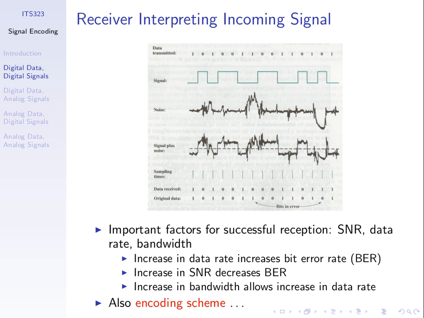The more noise, this is the signal to noise ratio, as the noise goes up, there's more chance of bit errors. We've seen that as the noise increases, there's more chance of changing our signal from one level to the wrong level.